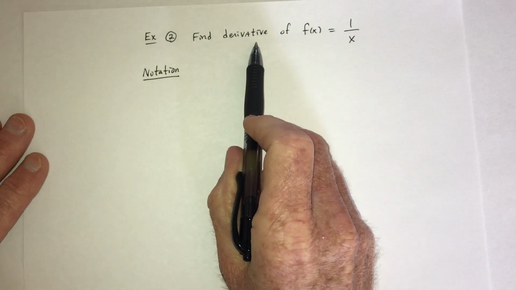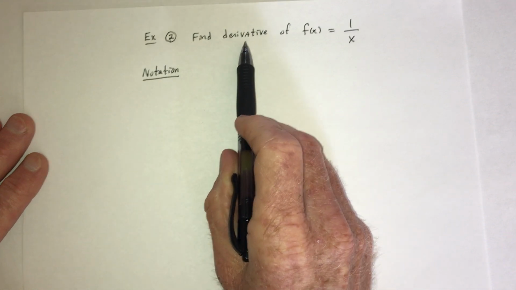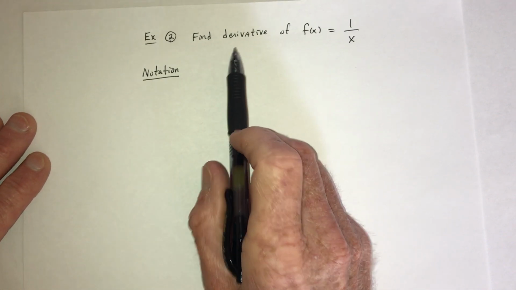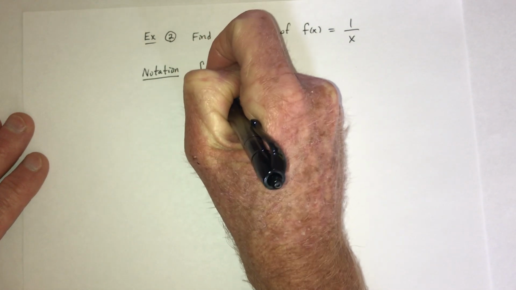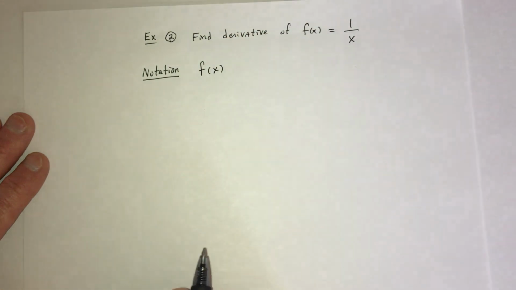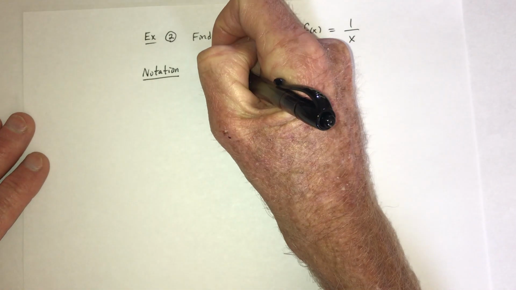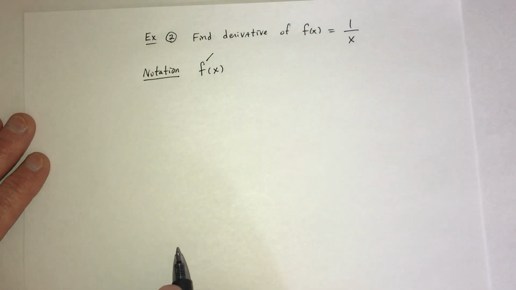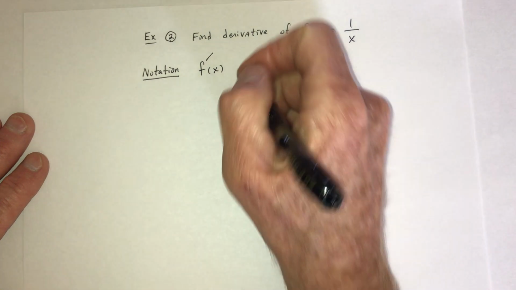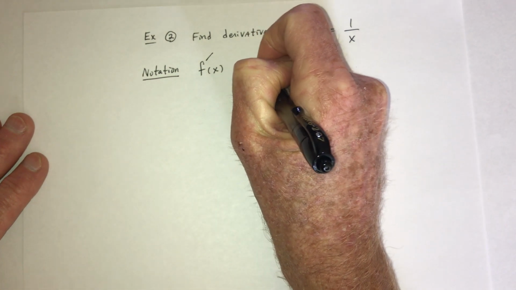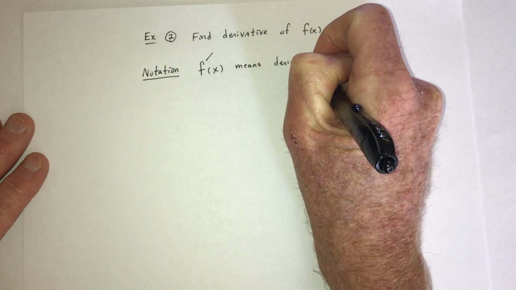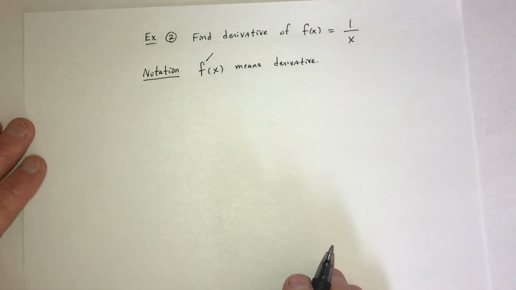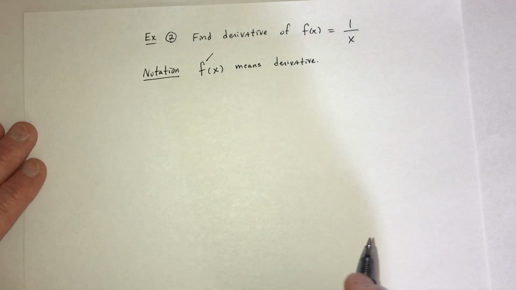To have to say this every time and to remember how to spell derivative each and every time, that's a lot of work. So there's actually notation for that. And that is, let's say that f of x is the original function. Then if you put a prime right here, that means derivative. Okay, so then let's find f prime for this one.